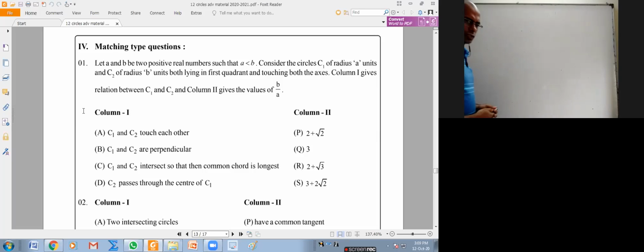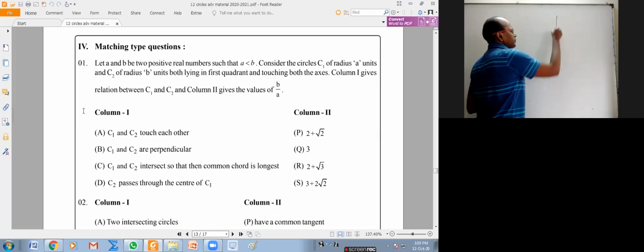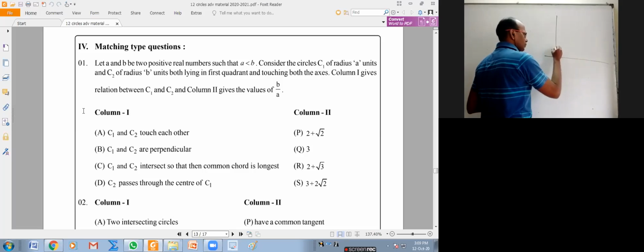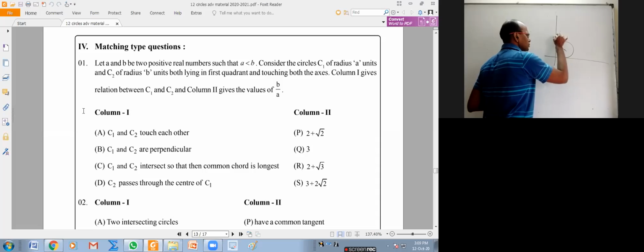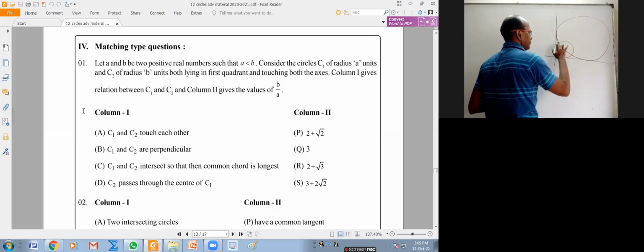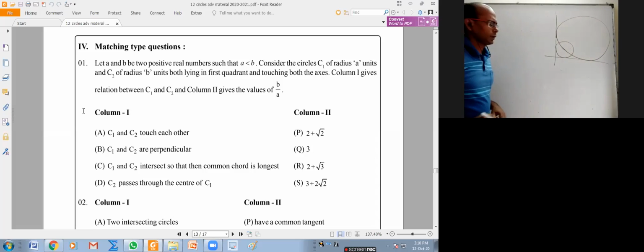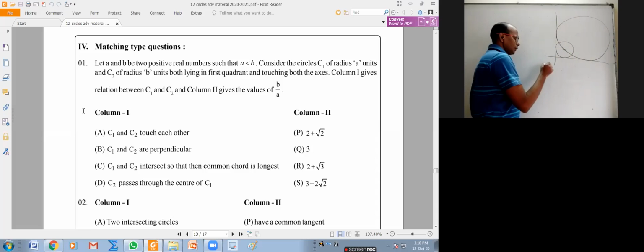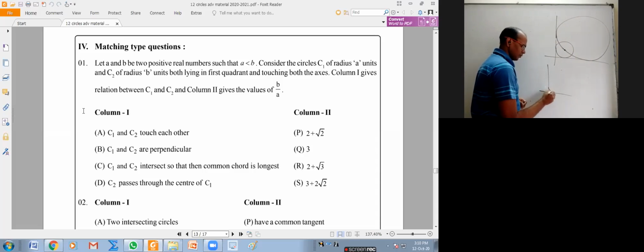Okay, last one: C2 should pass through the center of C1. So this is a circle, it has a center, and the other circle should exactly pass through it. I think we can imagine one thing apart from doing this.